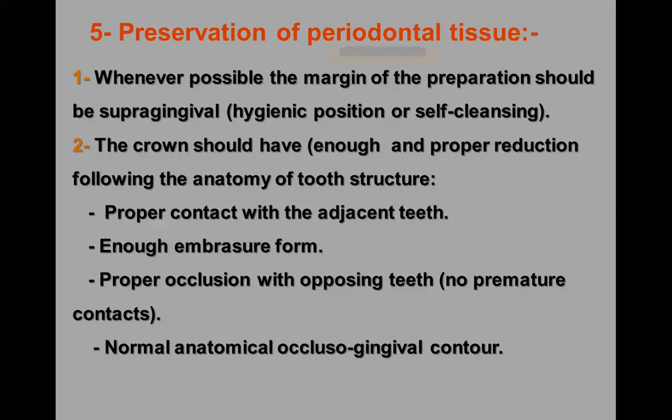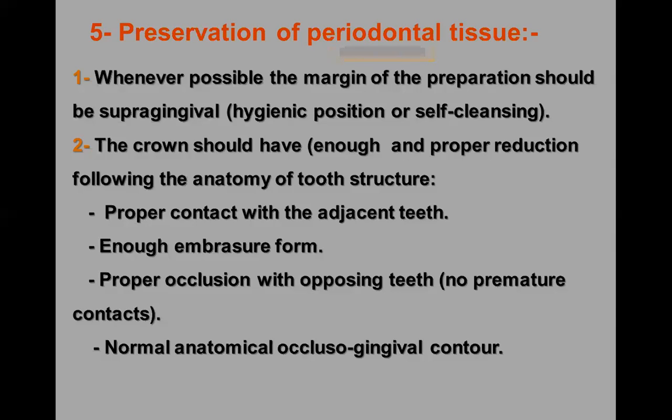This is good; when possible, you can do it. Why? Because the supragingival finishing line places the margin in a hygienic position, in a self-cleansing area, and the movement of the tongue, lip and cheek will make it easy to clean the margins.